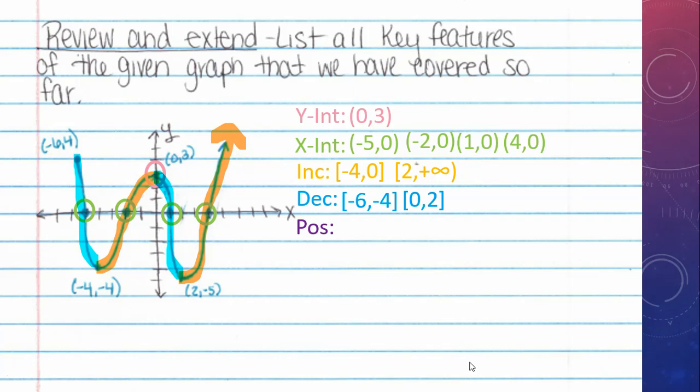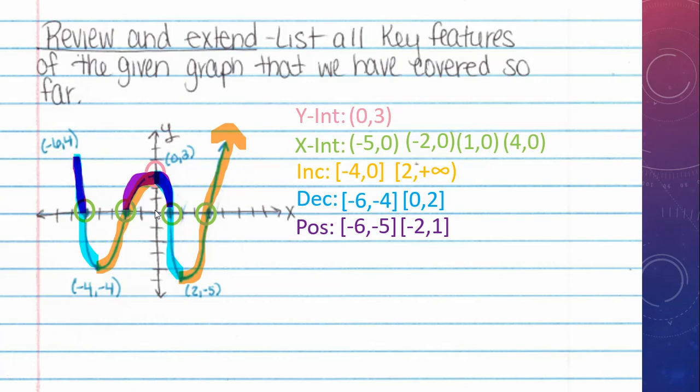Positive intervals. This is where the graph has y values that are positive, or where the graph is above the x-axis. I'm going from left to right. Your first positive interval would be that section there, or would be from -6 to -5. This part in the middle, talking about intervals, we're using the x values, would be from -2 to 1.